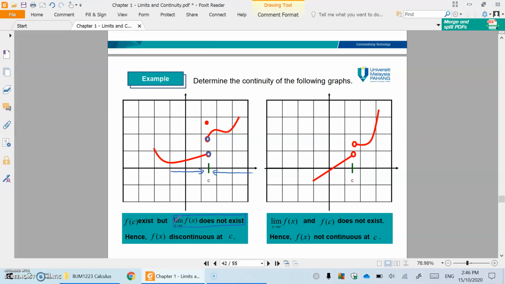Since our limit does not exist, it is not continuous at point c. Lastly, quite similar to the previous example, the limit from the left is here and the limit from the right is here, so the limit does not exist. Therefore f(x) is not continuous at c.